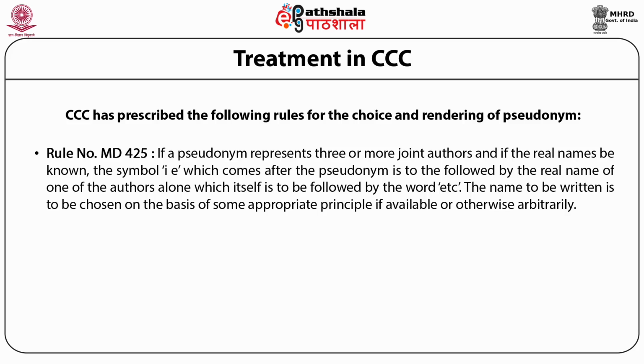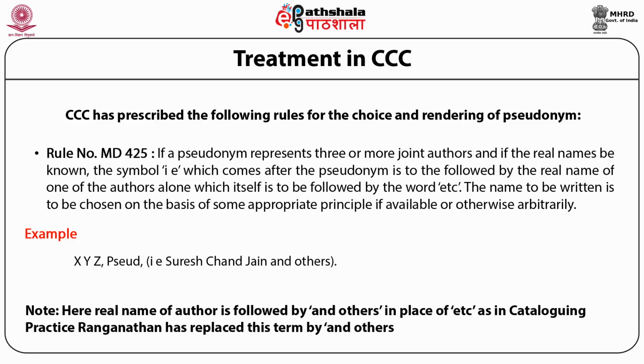The name to be written is to be chosen on the basis of some appropriate principle if available, or otherwise arbitrarily. For example, XYZ, Sood, underline, within circular bracket, i.e. Suresh Chand Jain and others. Note, here real name of the author is followed by and others in place of etc. As in cataloging practice, Ranganathan has replaced this term by and others.